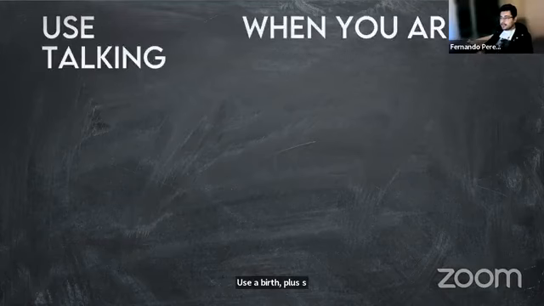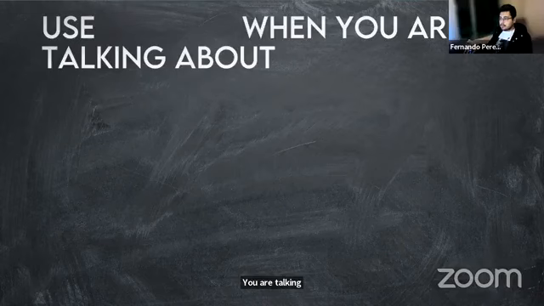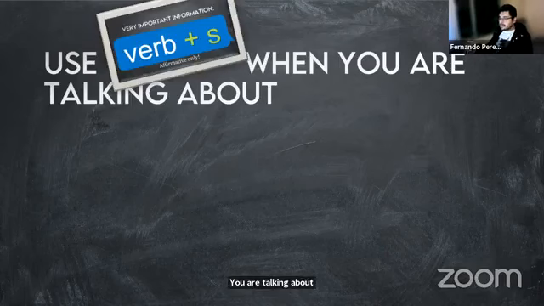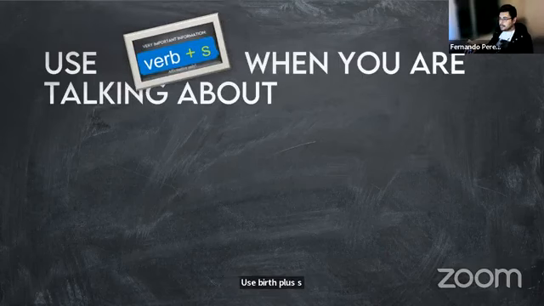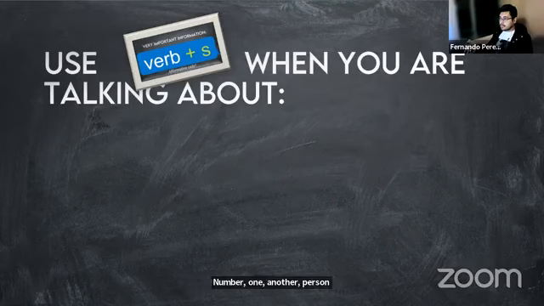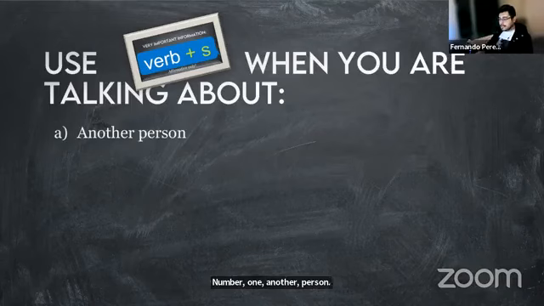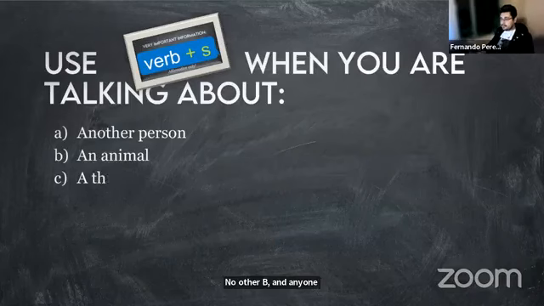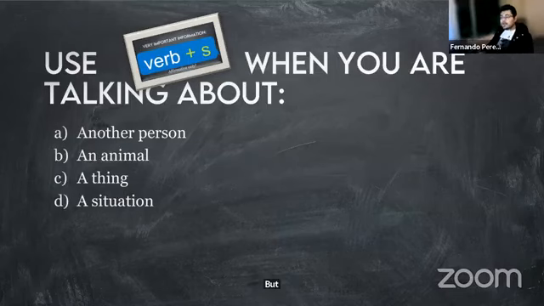Use verb plus S when you are talking about: number one, another person. Letter B, an animal. Letter C, a thing. But also, letter D, a situation or the weather.